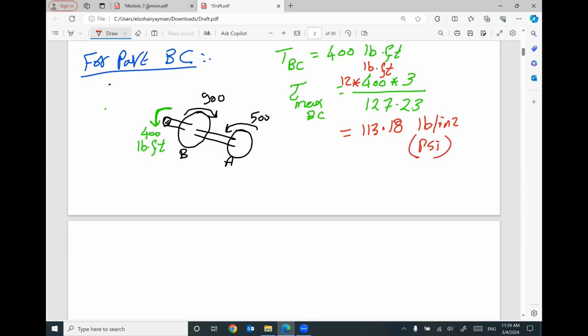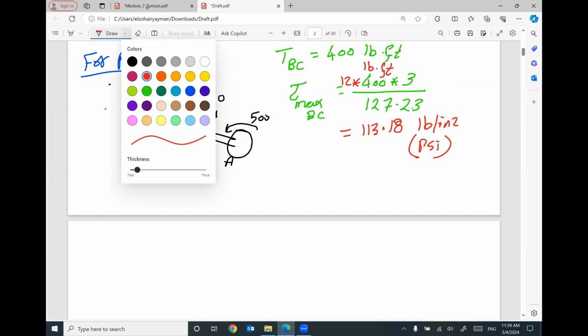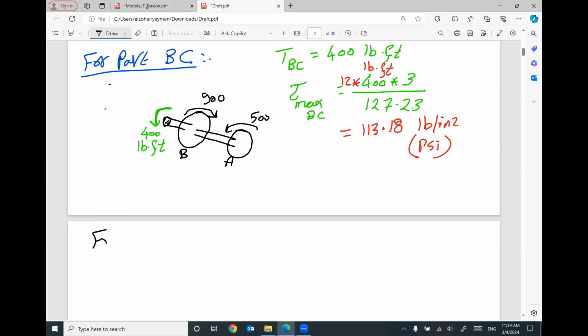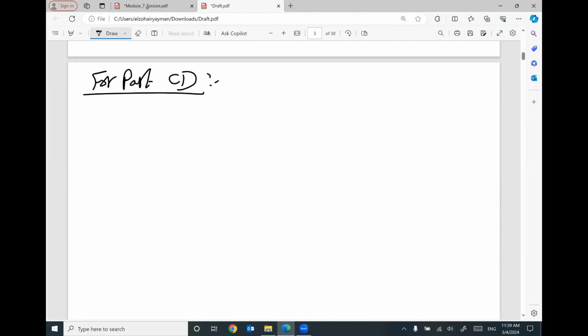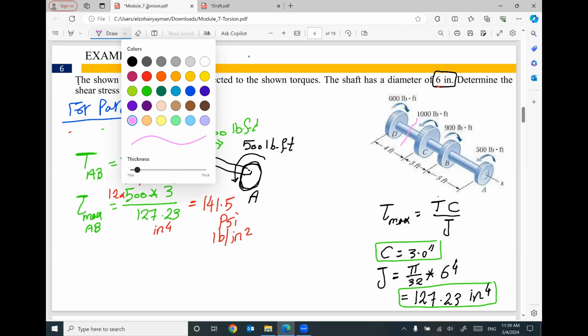The next part, CD. So for part CD, I will make a cut in part CD. If you cut here, we have two options.